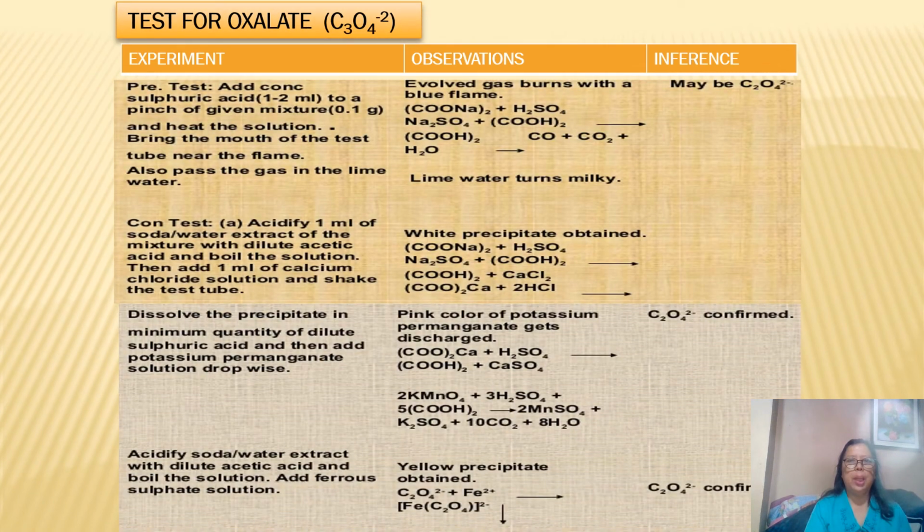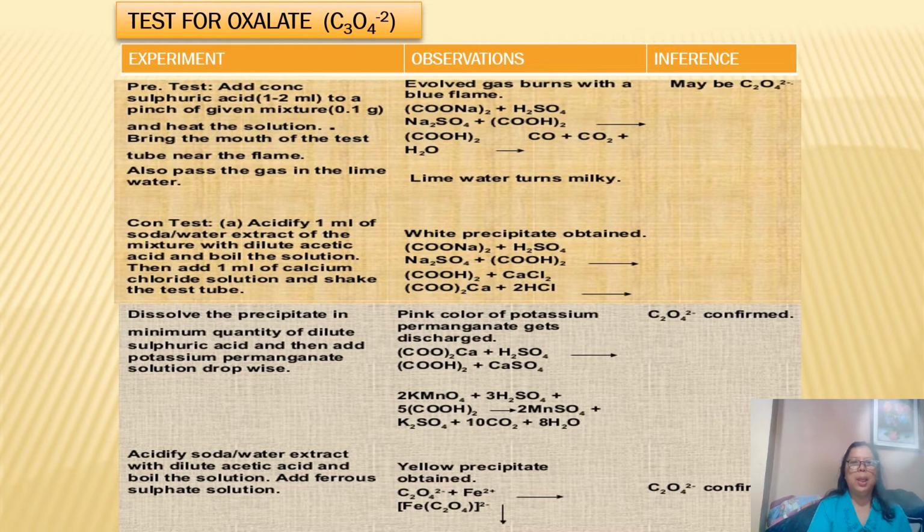And then for the test of oxalate, after the addition of sulfuric acid, if you subject this to a flame test and a blue flame is produced, then you can think whether that substance is positive for oxalate or not.